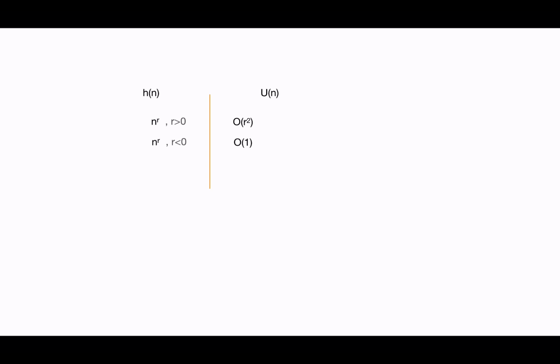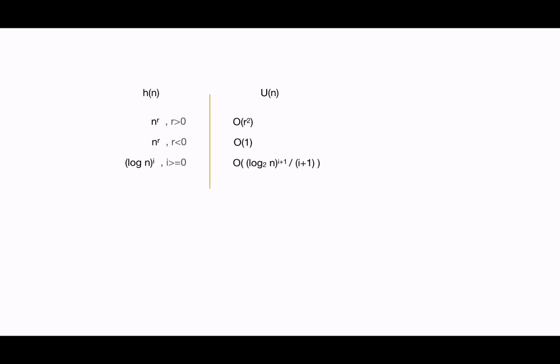And if the value of h(n) is (log n)^i, where i is greater than or equal to 0, then the value of U(n) is O((log base 2 n)^(i+1) / (i+1)), where i is any number that we are getting as a power of the log n here in the h(n). Now let's try this theorem.